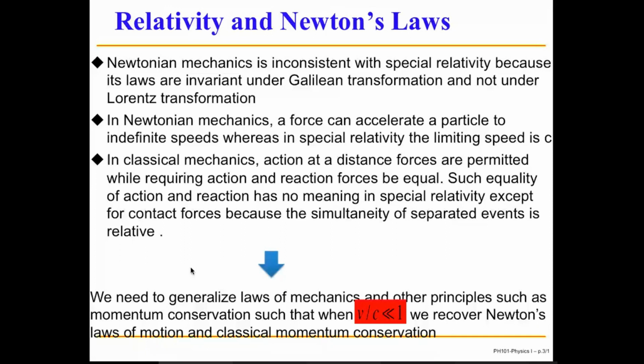When you are talking about action at a distance forces, you are saying that every force has its equal and opposite reaction. What you implicitly mean is that they are happening simultaneously. You have an action and immediately, at the same instant, there is a reaction. That's Newton's third law.